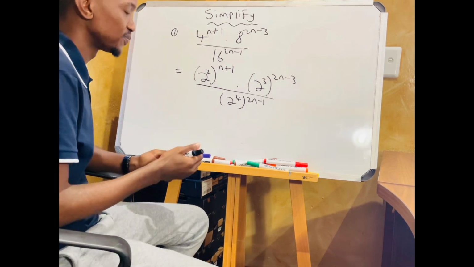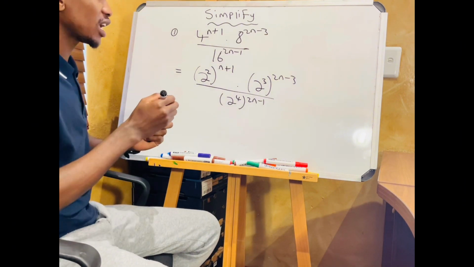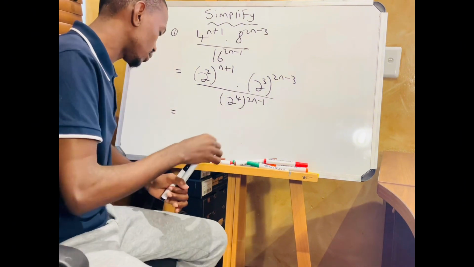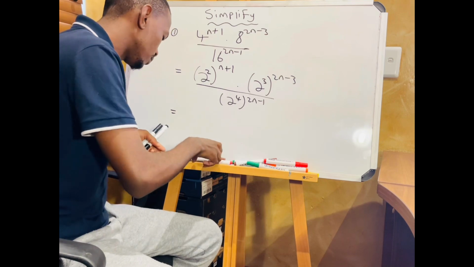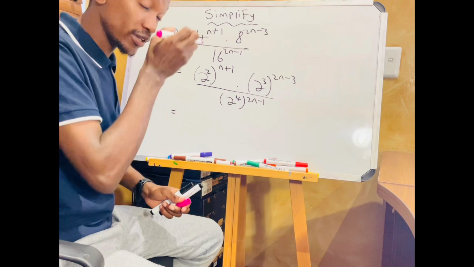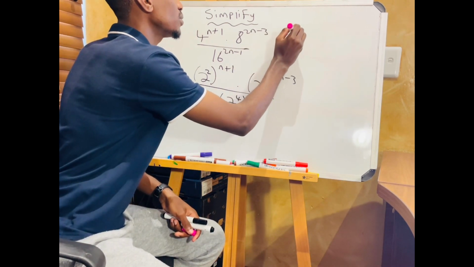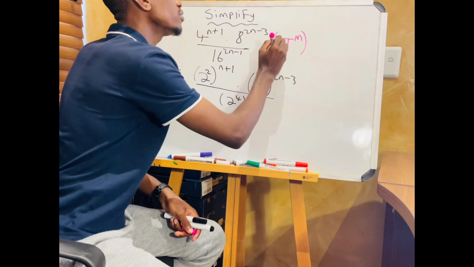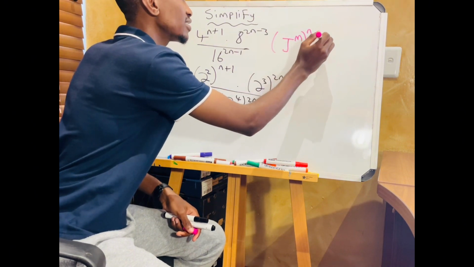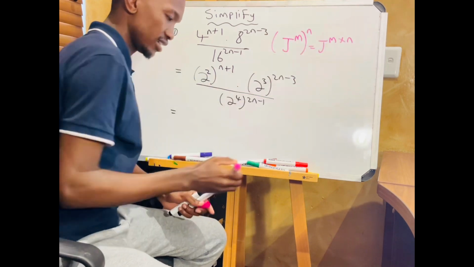Okay, let's continue. Then from there, what do we do? We're going to apply a beautiful, amazing law called the law of exponents of distribution. Let's check it out. It says if you have a to the power m, all to the power n, this is the same as a to the power m times n.